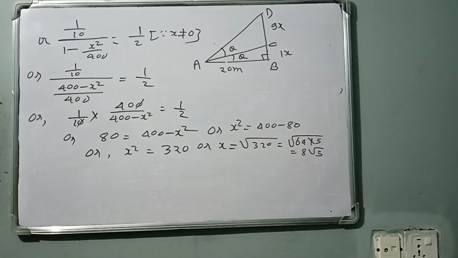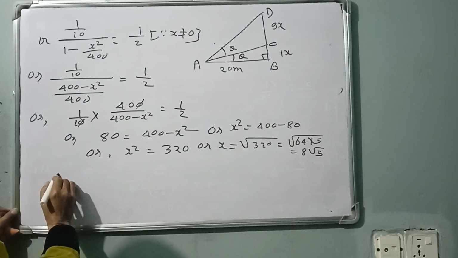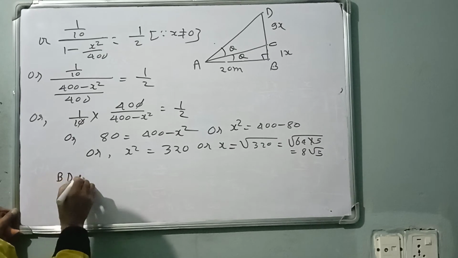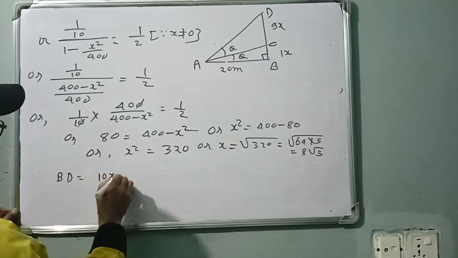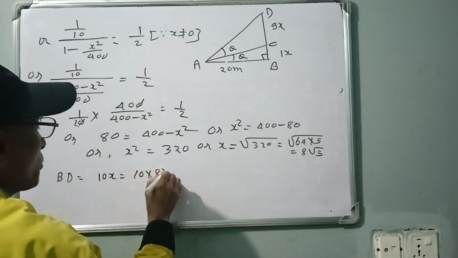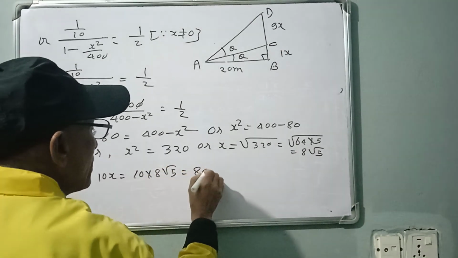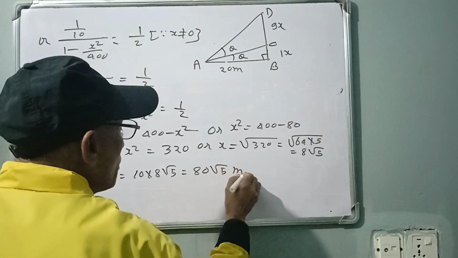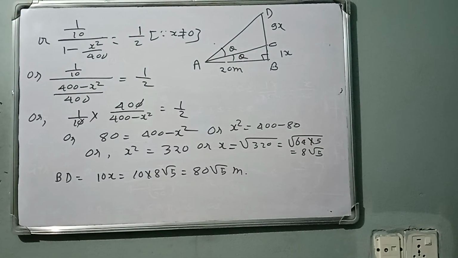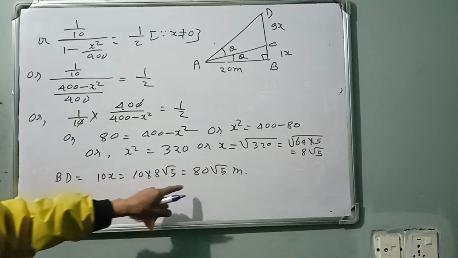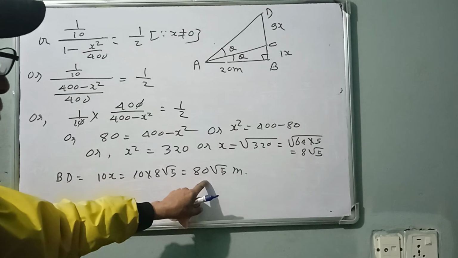What is the height? Total height BD equal 10x, 10 into 8 root 5, 80 root 5 meter. The height of the pole is 80 root 5 meter.